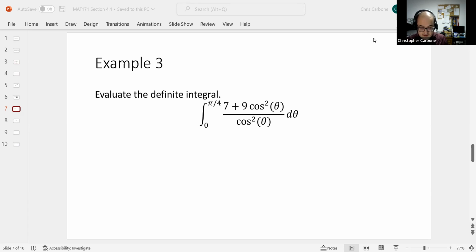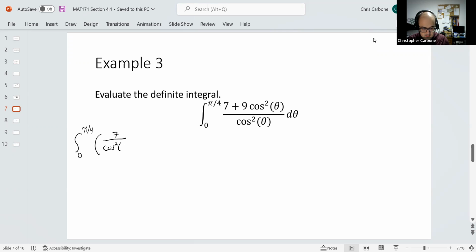So we could break this up. This will be the integral between 0 and pi over 4 of 7 divided by the cosine squared of theta plus 9 times the cosine squared of theta divided by the cosine squared of theta d theta.